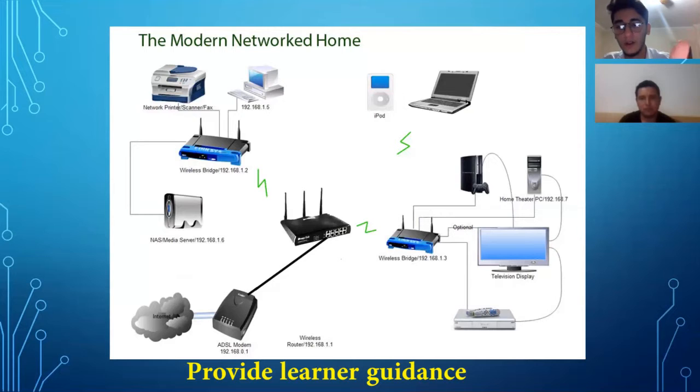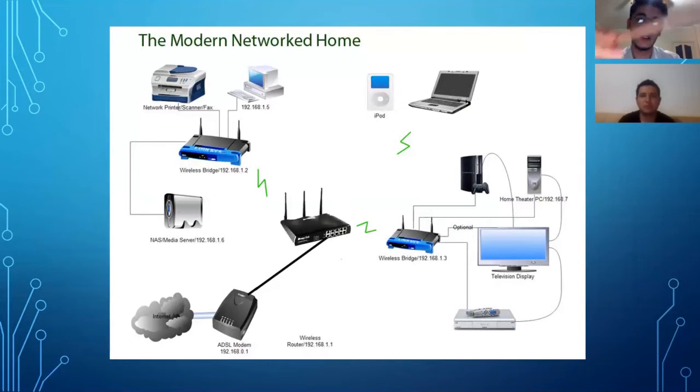Then the wireless router communicates with the wireless bridge and the rest of the home appliances. Some devices may use a LAN connection with cables, and the others are just using wireless, through the air, without making too many cables around.